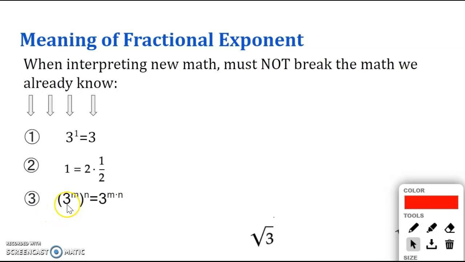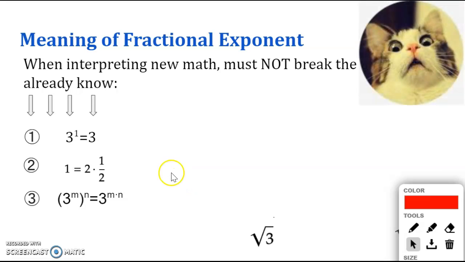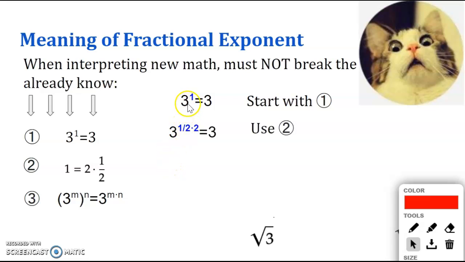And we're going to use the third exponent rule, the power rule: 3 to the power of m, all raised to the power of n, we can represent that as 3 to the power of m multiplied by n. So, using those things very carefully, we start with 3 to the power of 1 is 3. On the left hand side, we're going to break that 1 as being the multiplication of half times 2, because half times 2 we know is 1.